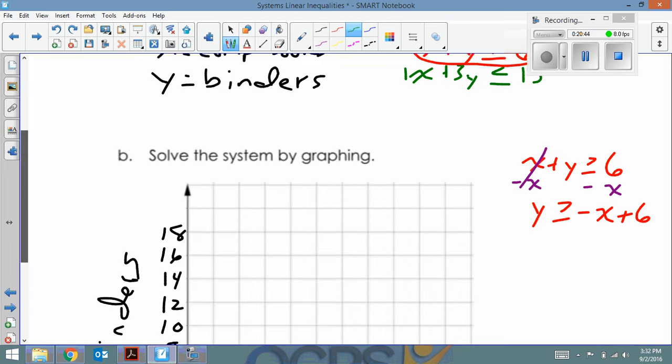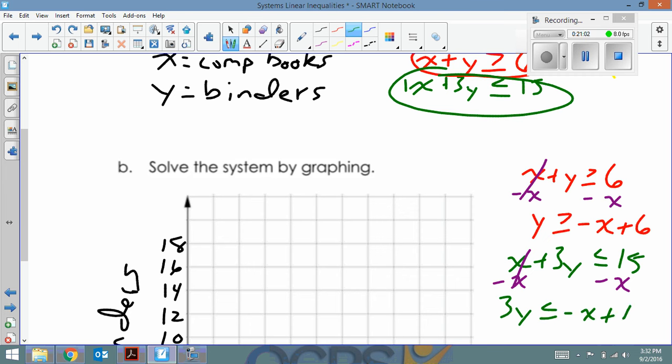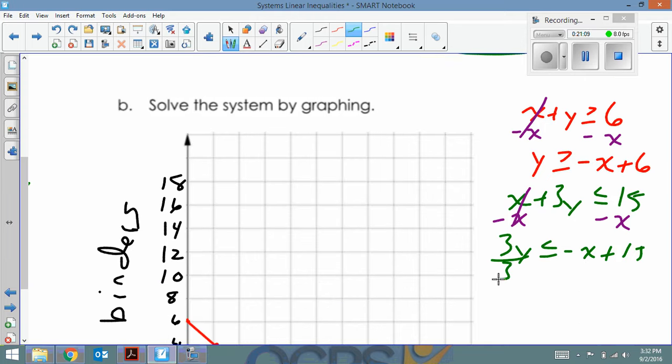So our second equation is x plus 3y is less than or equal to 15. So in this equation, we're going to have to subtract x. So you always got to move x first. And we get 3y is less than or equal to negative x plus 15. Divide everything by 3.